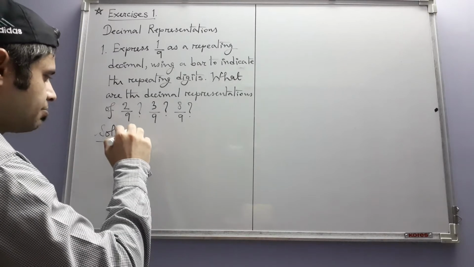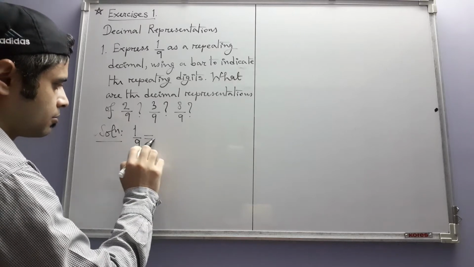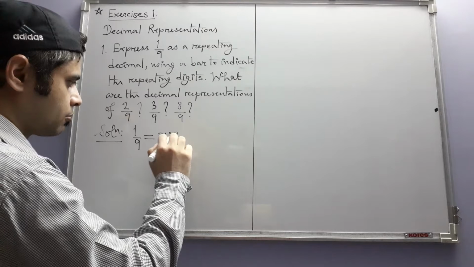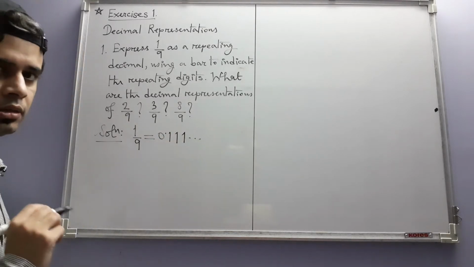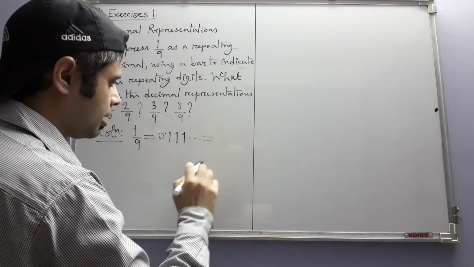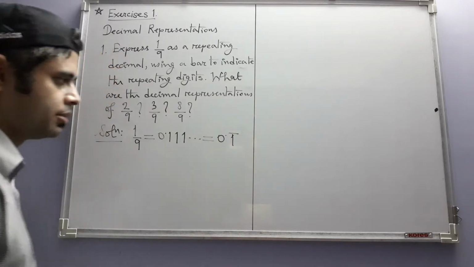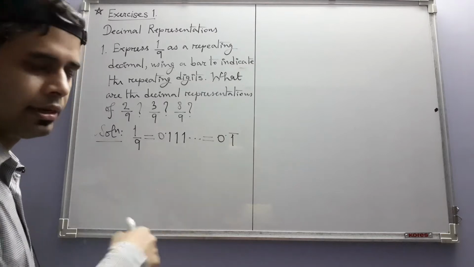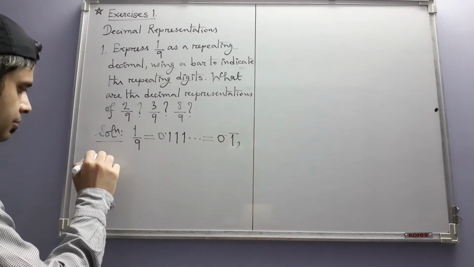So we can just simply write this. This is actually the decimal expansion of 1 divided by 9, and so it can be written like this. The bar indicates that 1 is the digit that gets repeated.